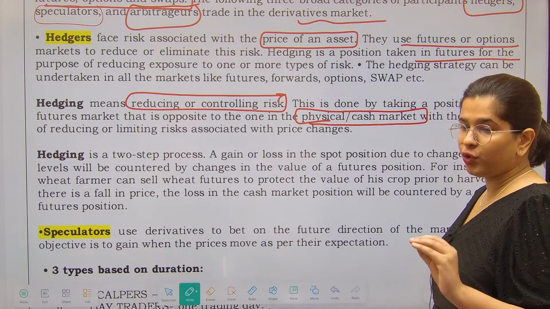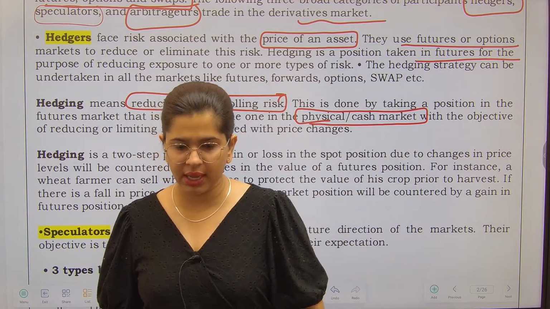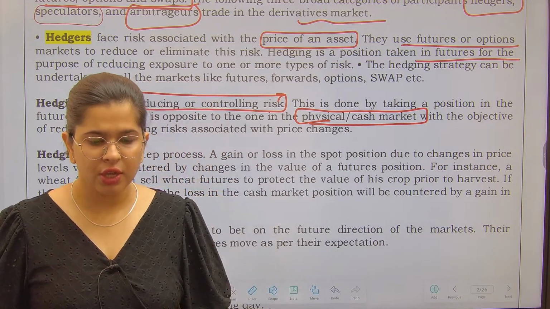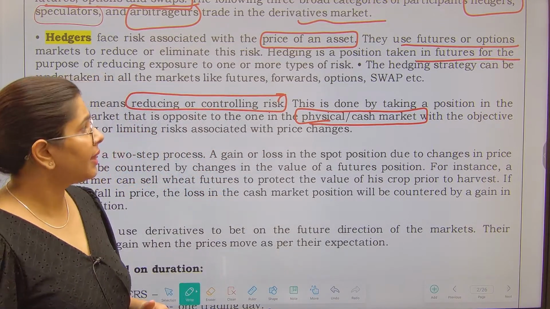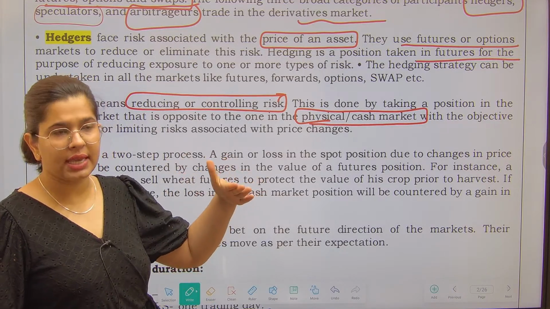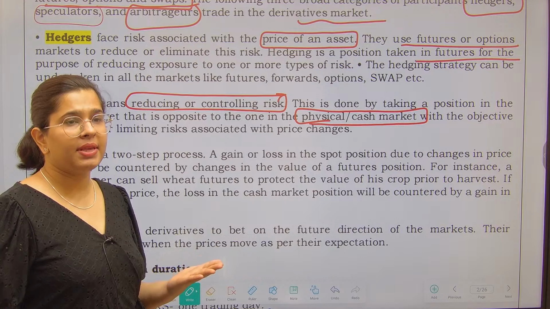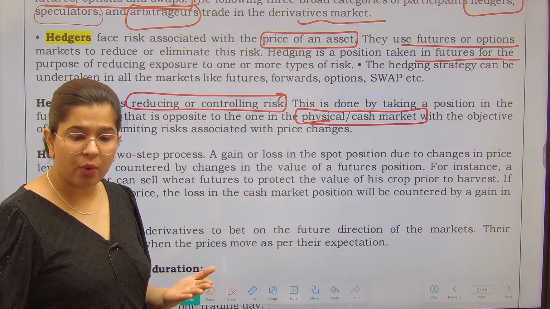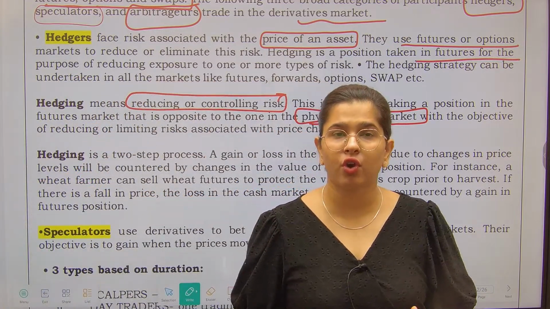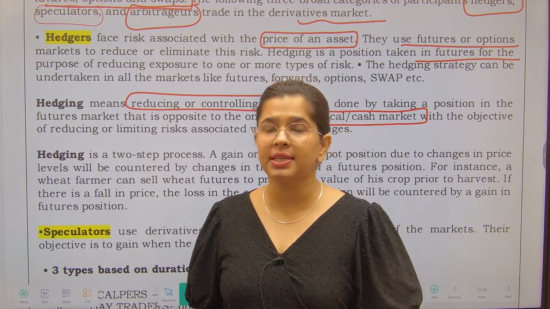Now see, in the cash market, you are assuming that the prices of wheat might get reduced, okay? Actually in the physical market. So what is the position that you are going to take? You will say that I want to sell my wheat at a higher price. So you will take an opposite position in the derivative. That means if currently the prices of wheat are down in the current market, then you will take the derivative contract in which prices of wheat are high, okay, जहाँ पे wheat की prices high है.